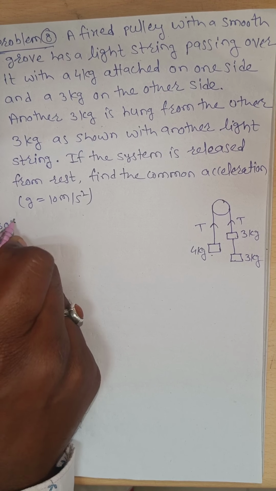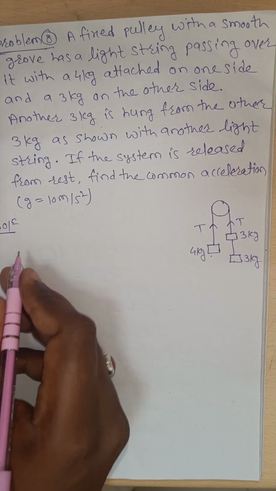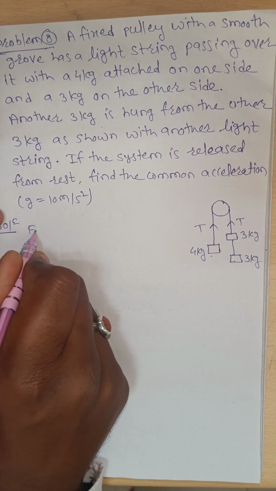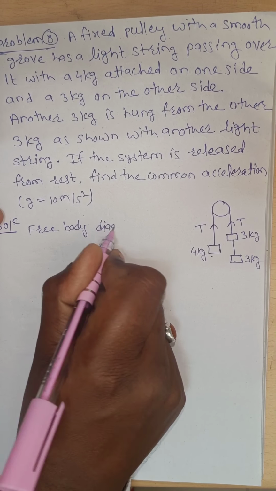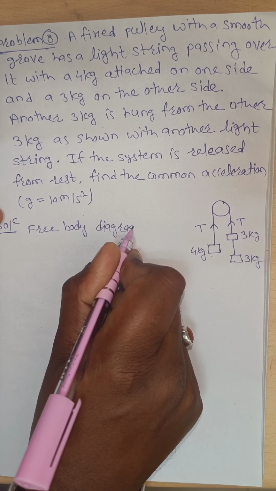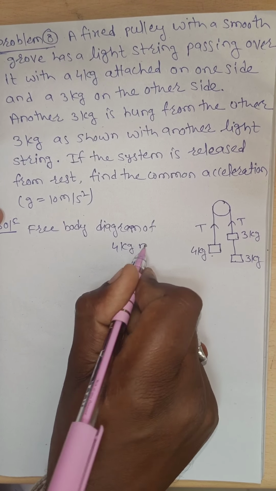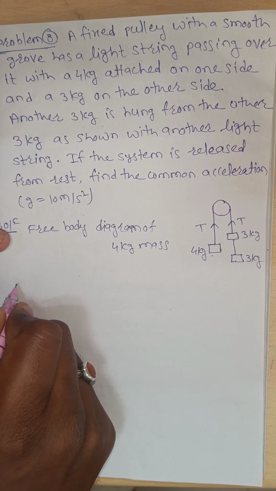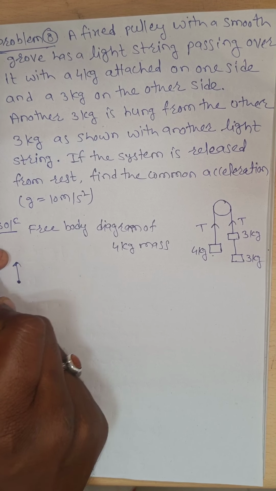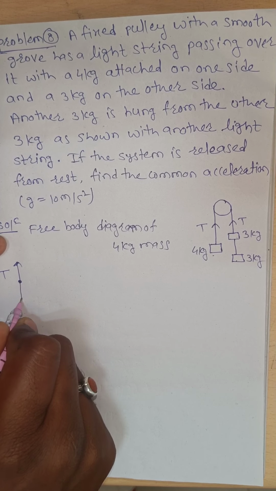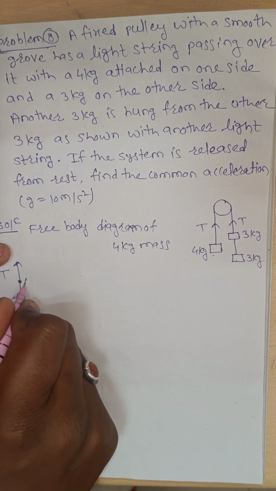Now the solution. First draw a free body diagram of the 4 kg mass. Here is the 4 kg mass, the tension is in the upward direction, and the gravitational force mg is in the downward direction.